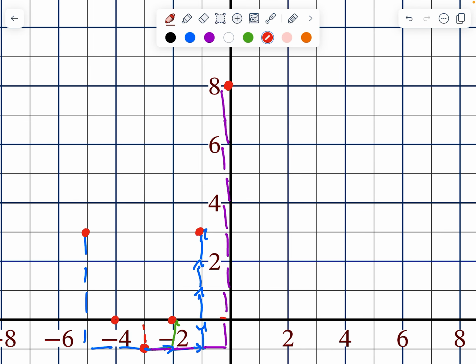And the axis of symmetry is right there. The same on this side as this side. But you can count either way you want to do it.